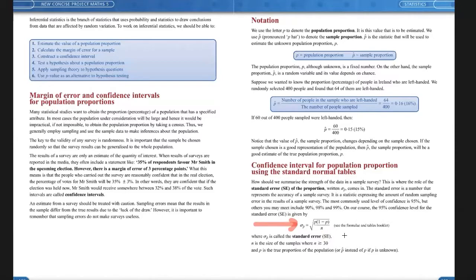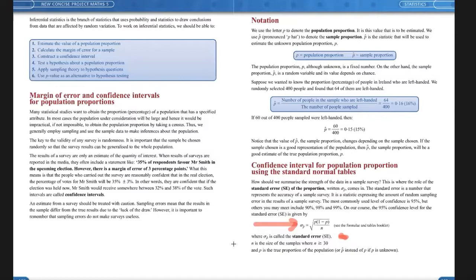It can often be called SE, standard error of the mean, rather than E. And in that formula you have P, which is your sample, it would be the 40% in the example I took, times 1 minus P, over n again, your sample size. It's felt that this formula is more accurate than 1 over root n. So margins of error and confidence intervals are now predominantly done using this formula here.